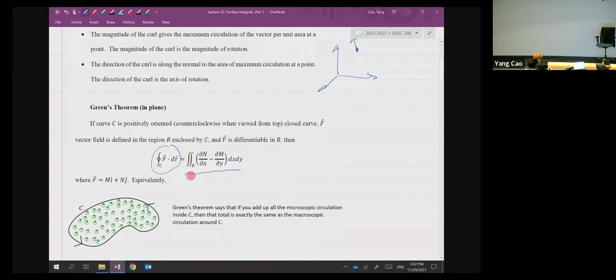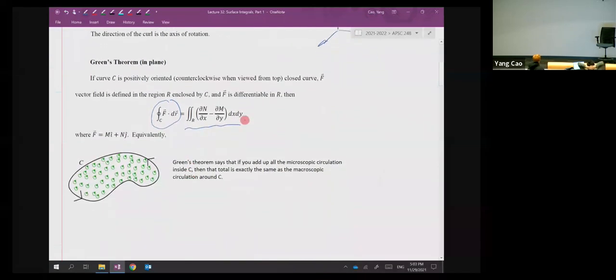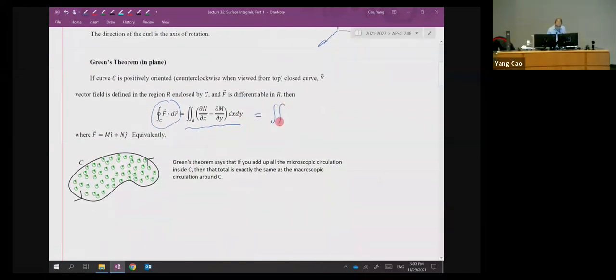A little deeper understanding of Green's theorem: the integrand of the double integral is curl F dot k hat dA, where dA is dx dy. Essentially you're integrating curl F dot k hat. If you recall, in the previous lecture we covered a concept called circulation density.